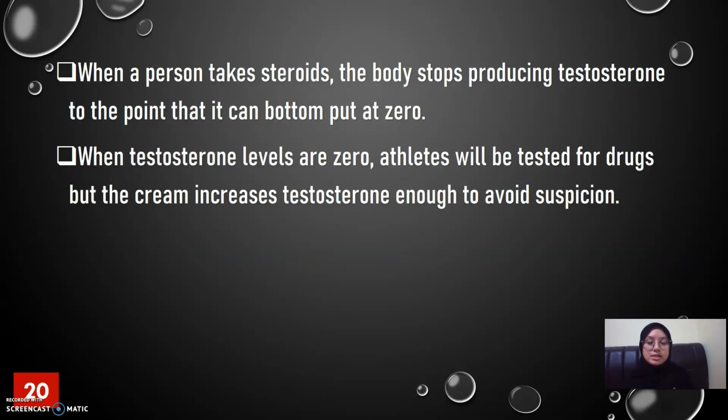When a person takes steroid, the body stops producing steroid to the point that it can bottom out at zero. When steroid levels are zero, athletes will be tested for drugs, but the cream increases the steroid enough to avoid detection.